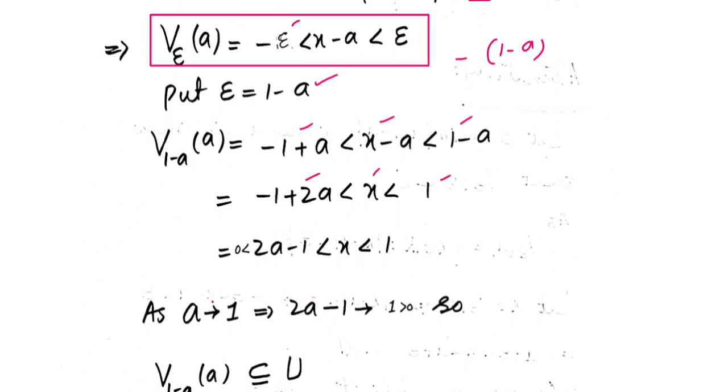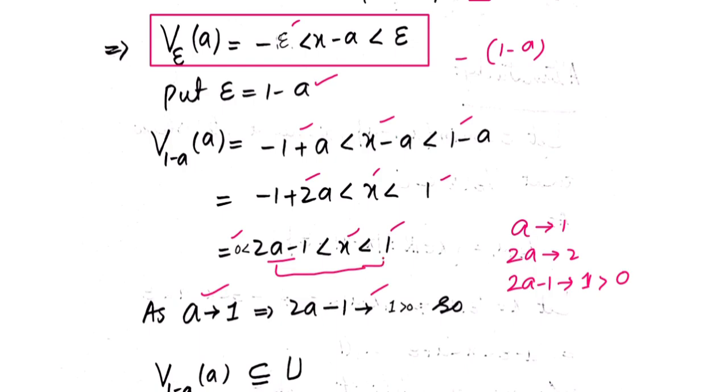As a approaches 1, this implies 2a approaches 2. This implies 2a minus 1 approaches 1, and 1 is greater than 0. It means 2a minus 1 is greater than 0, less than x, x less than 1. It means this interval 2a minus 1 less than x, x less than 1 is always contained in u.